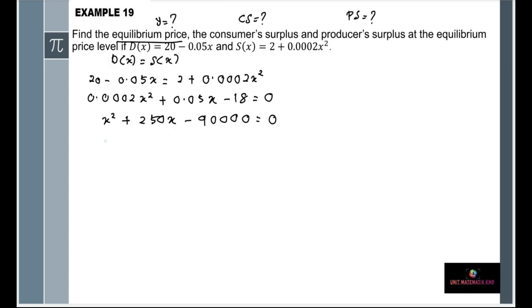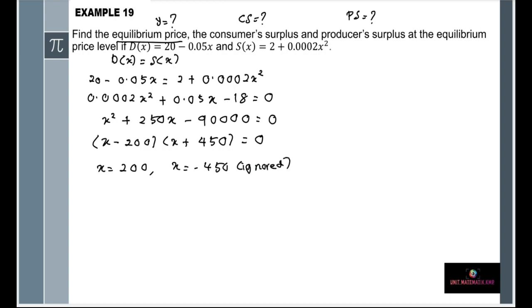So x minus 200, x plus 450 equals 0. So x equals 200 and x equals negative 450, and this one we ignore. Therefore x equals 200.